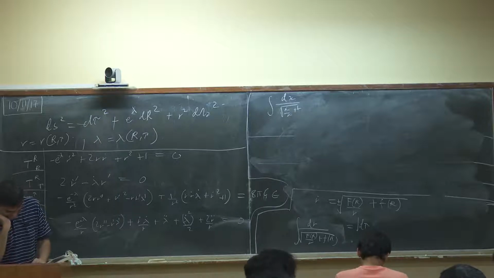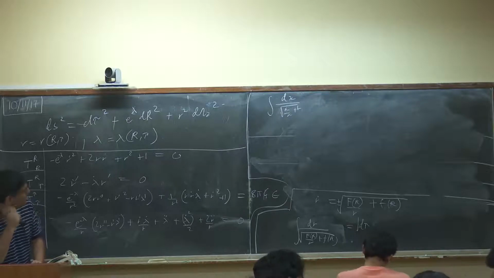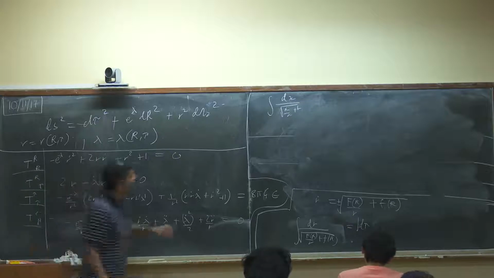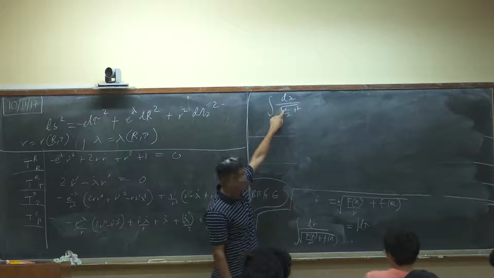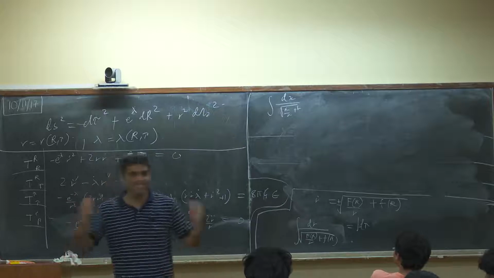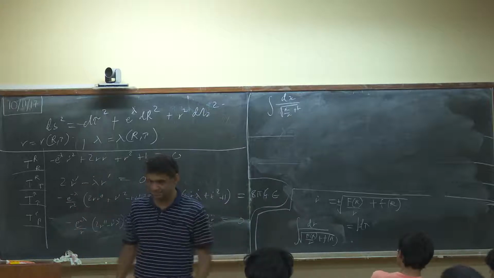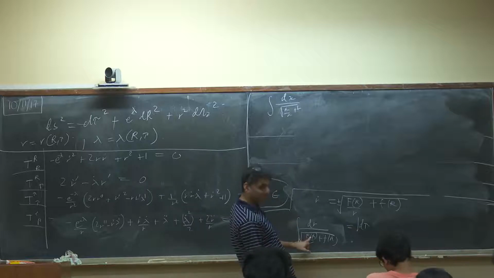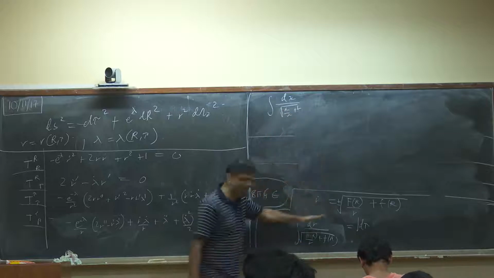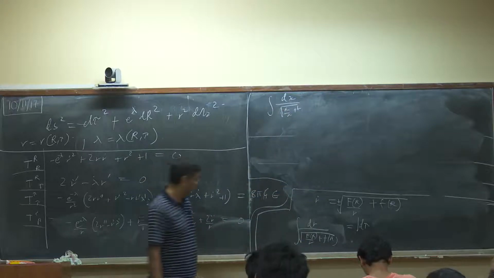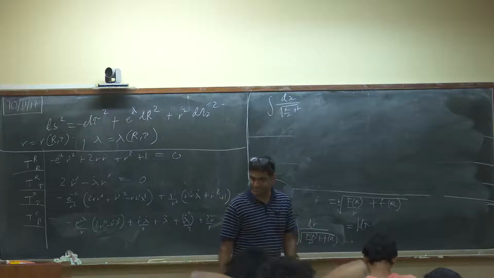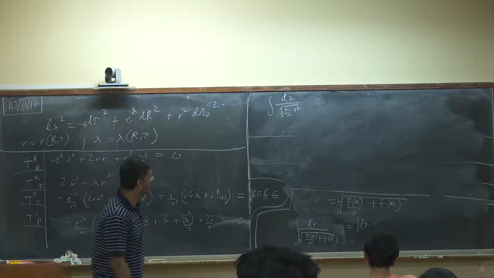I think we should treat capital F always as positive, because little r is the physical radius, which will go all the way down to 0. Unless our capital F was positive, we would have trouble here when r was 0. So let's assume this capital F function, whatever it is, is positive. This guy though could be positive, negative, or 0. We'll have to work out each in turn.